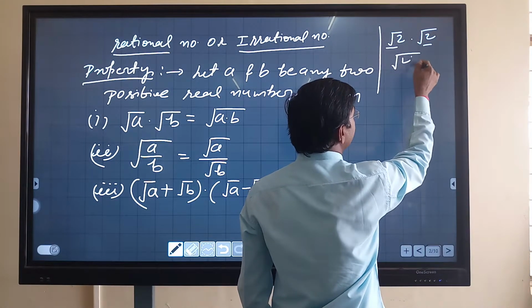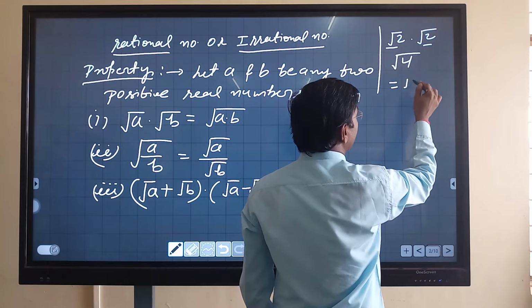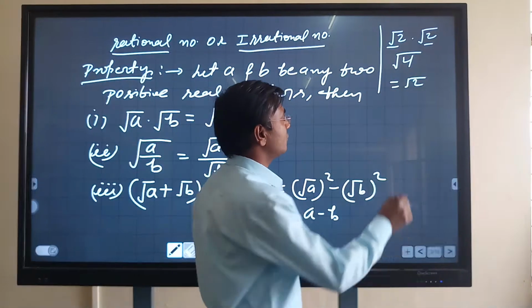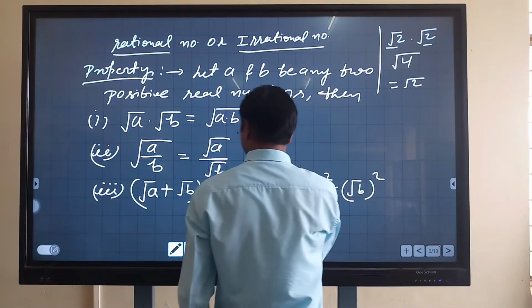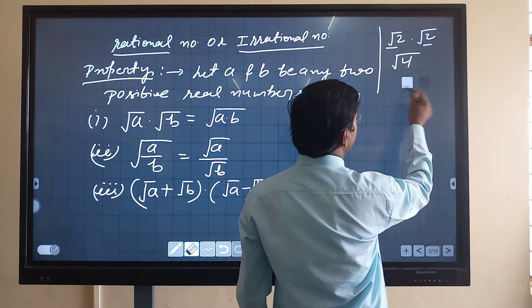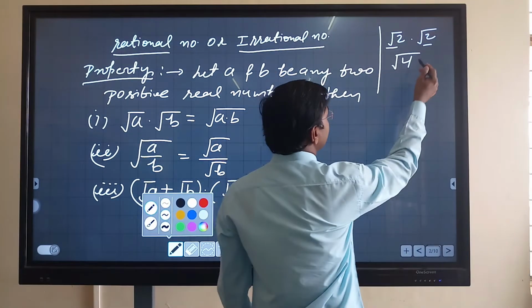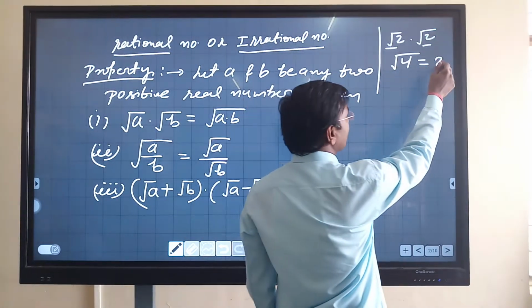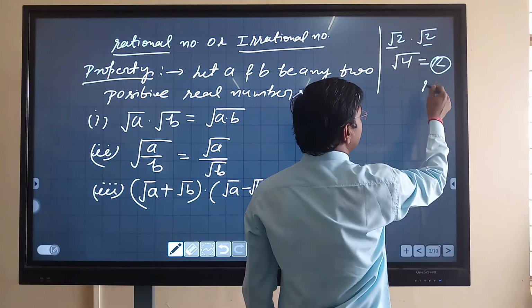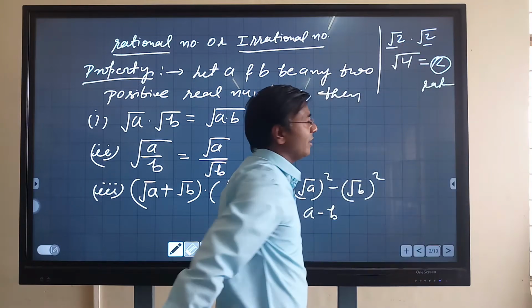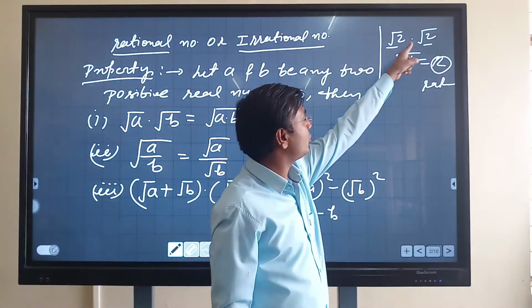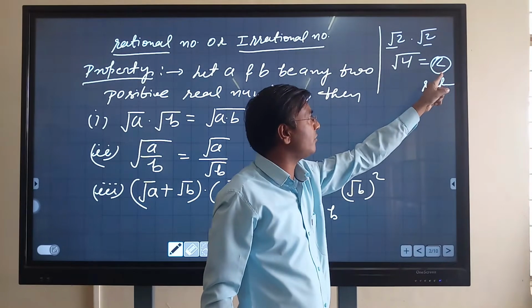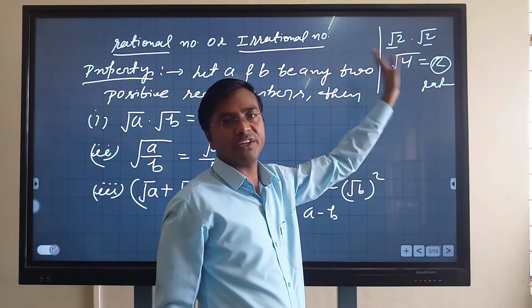Under root 2 into under root 2 is under root 4, which equals 2. Square root 4 is 2, and this 2 is a rational number. So what we have seen? The product of two irrational numbers is coming 2, that is a rational number.